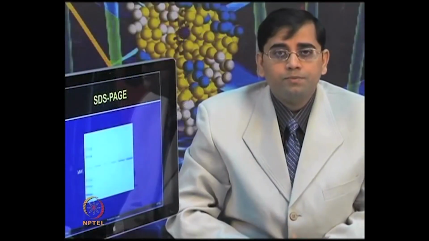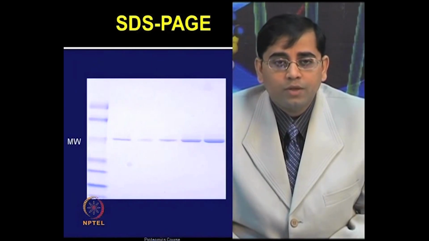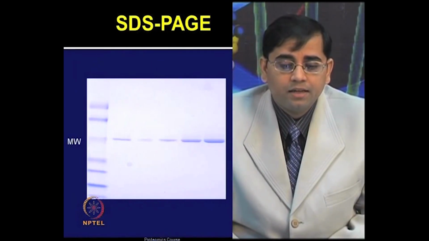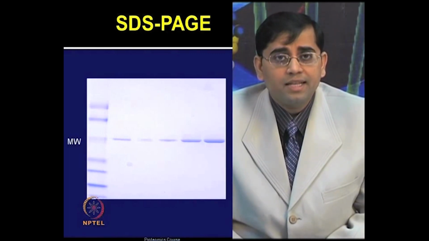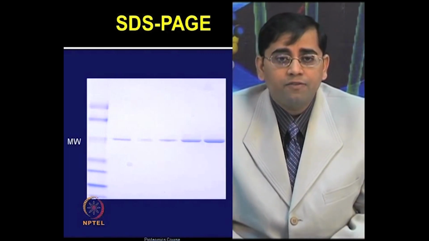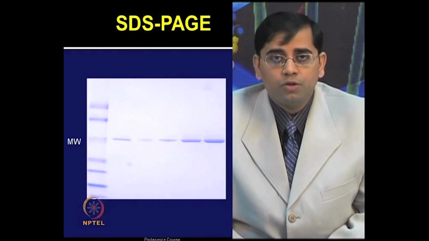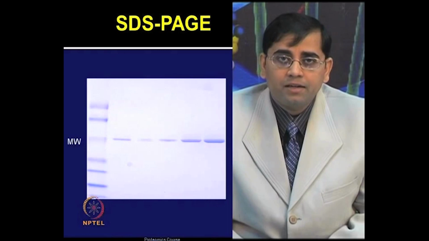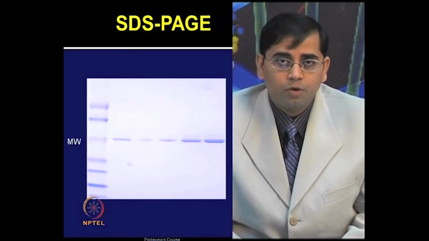I am showing you one SDS PAGE image in which, from the left to the right, you can see the first lane is the standard or known molecular weight. In this well you can see at least 5 or 6 bands are visible. These are the known molecular weights, sometimes ranging from 150 kilodalton to 10 kilodalton.